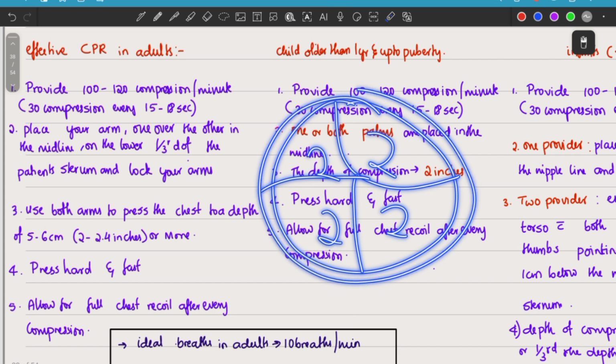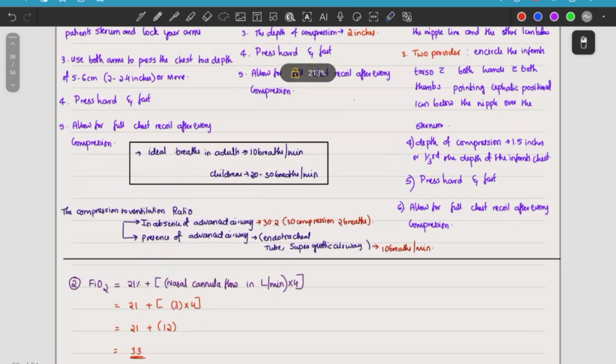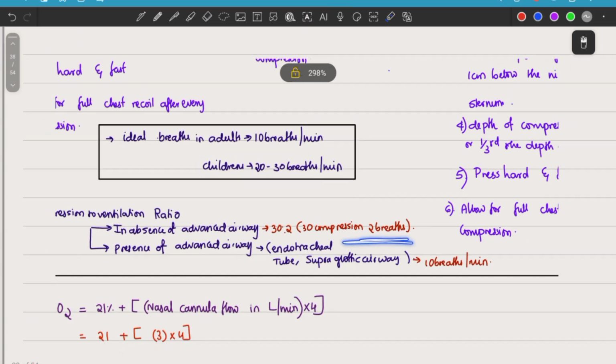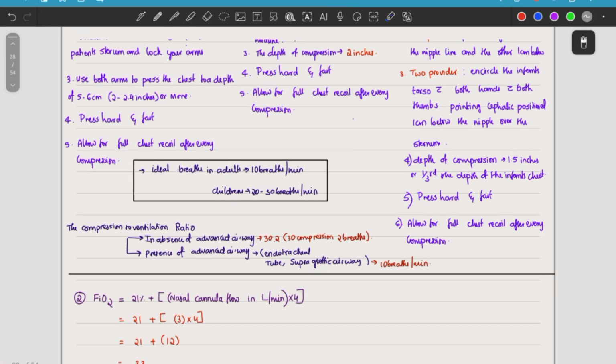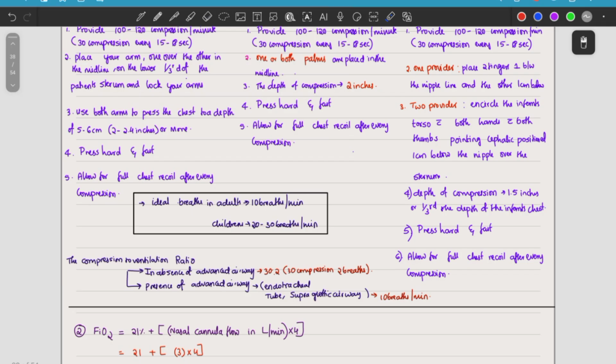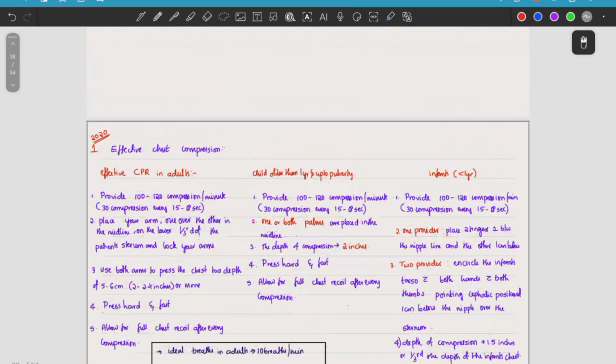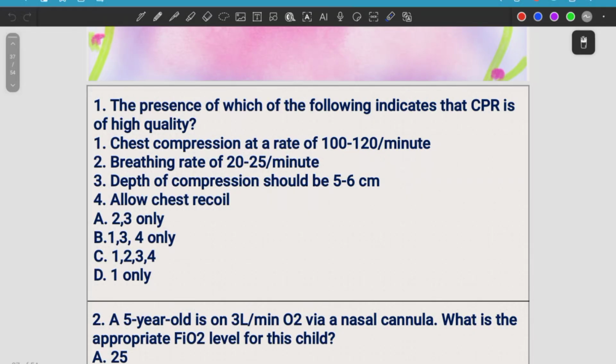So at 120 compressions you are totally giving 8 breaths. So no need to think complicated. I just told you to understand, just to remember, just make a note of it. Question number 1 answer is 1, 3, 4 only. 2 is wrong.